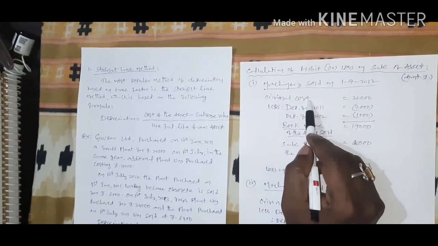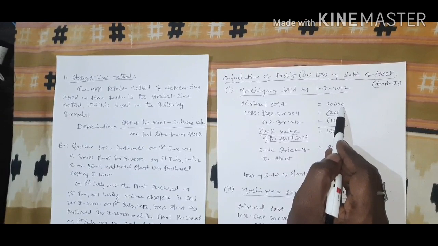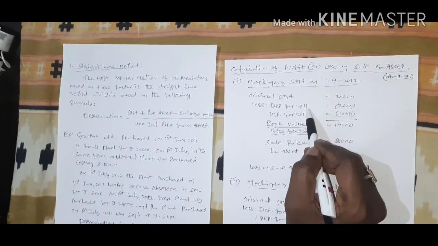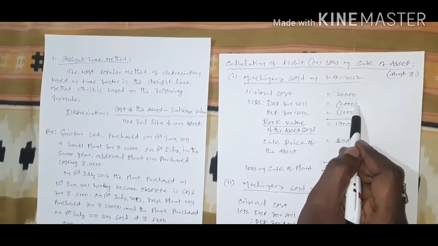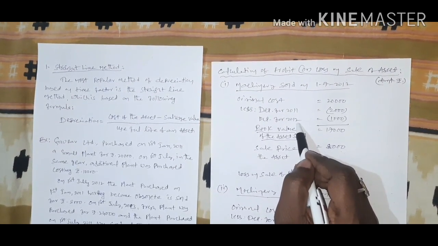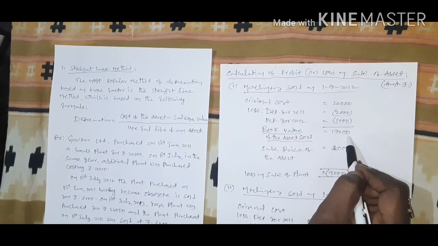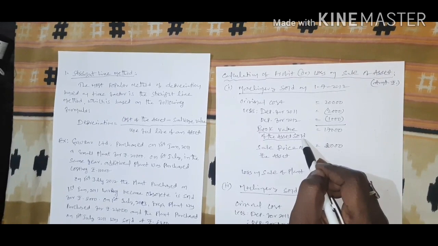Here the original cost of the asset sold on 1st July 2012 is rupees 20,000. It worked for full year in 2011. The depreciation for 2011 is rupees 2,000. It worked for 6 months in 2012. Depreciation for 6 months is rupees 1,000. Then WDV is equal to 17,000. Or it is also called the book value of the asset sold.